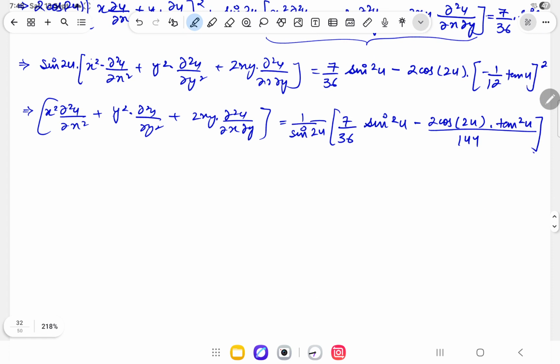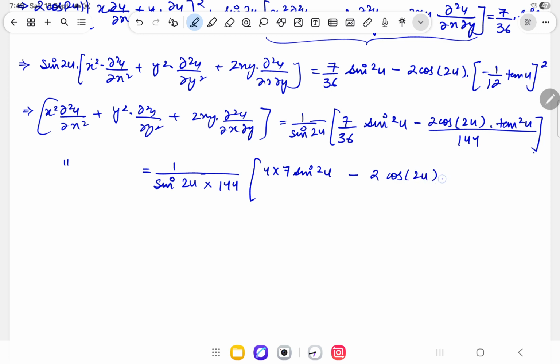So the term on left hand side is same, so if we simplify it we'll get sin 2u into, we can take 144 outside, so it will be sin 2u into 144, so we'll get 4 into 7 sin square u minus 2 cos 2u into tan square u.